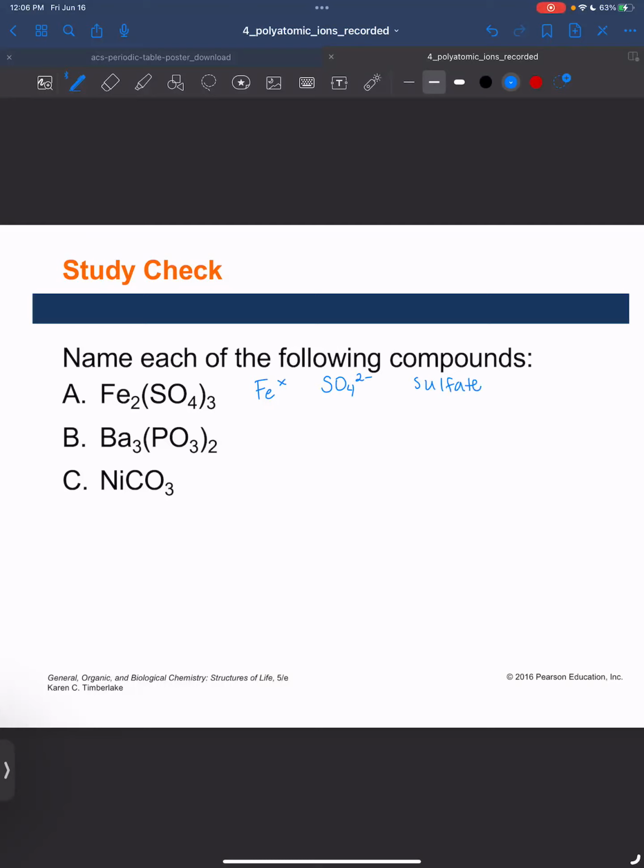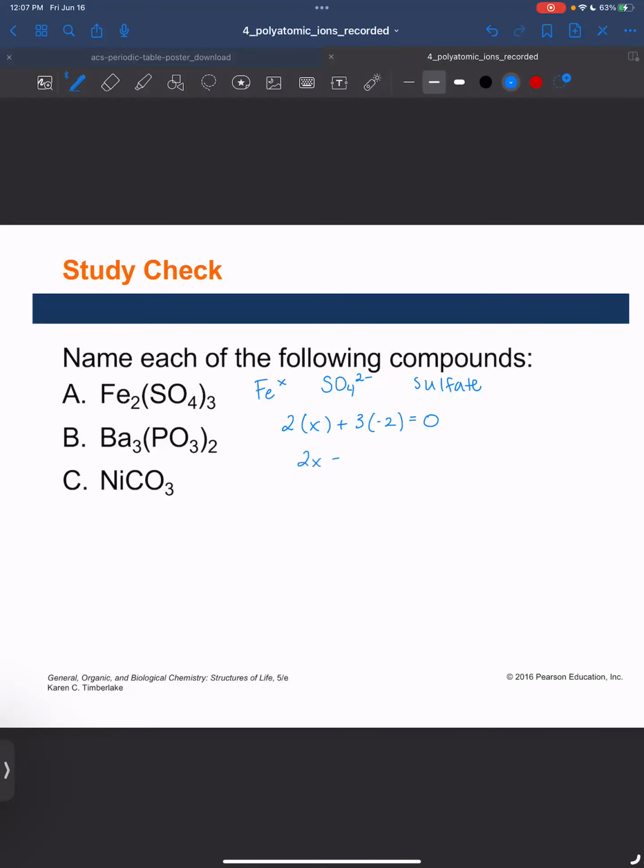And then we can see here, you can almost do the reverse crisscross rule if you want, but let's go ahead and do the algebra. There's 2 iron ions. Looks like 3 sulfates, each with a -2 charge. Everything has to add up to 0 for an ionic compound because it's neutral.